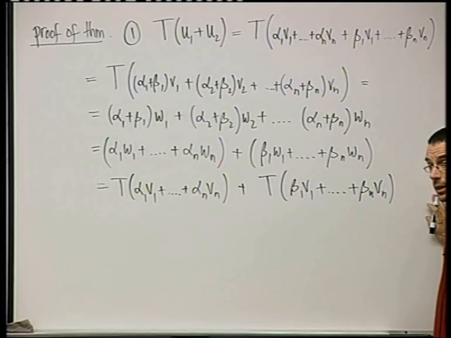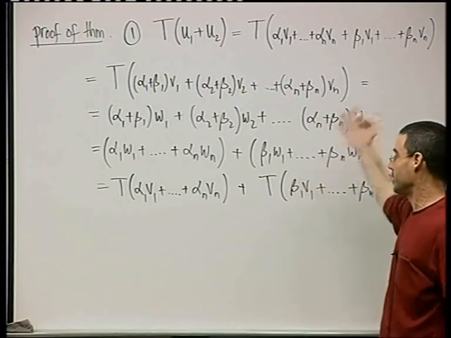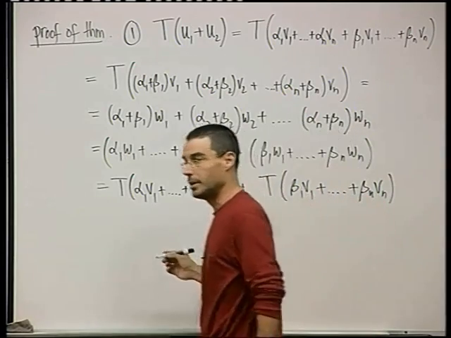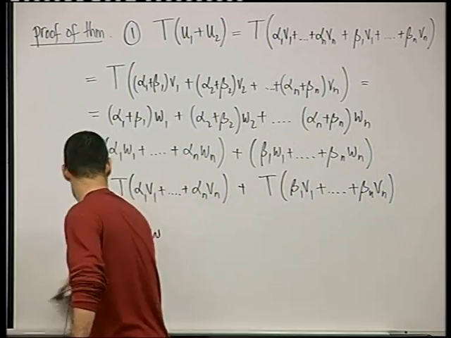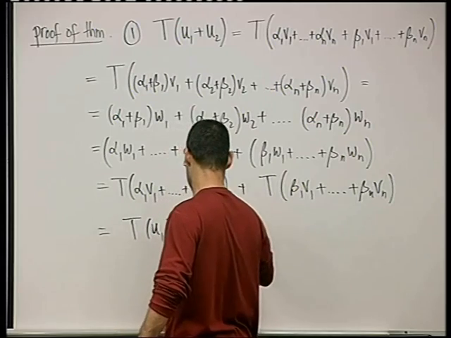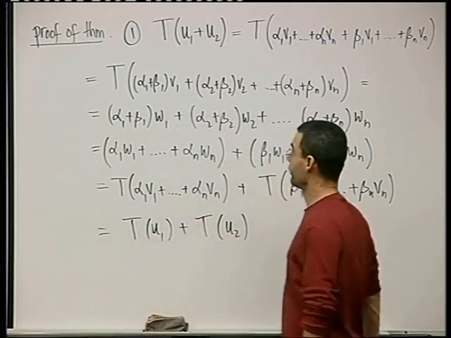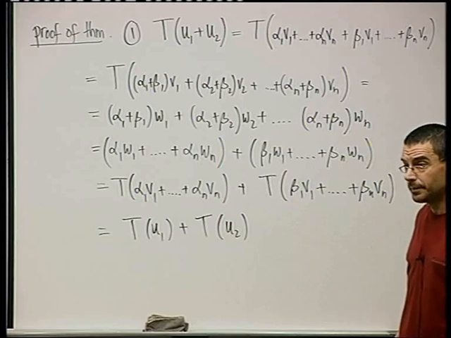Good? Okay, so T was really constructed to be linear, and it happens to be linear. That's basically the statement. So this is T of u1. So that's the linearity. We proved it. Good?